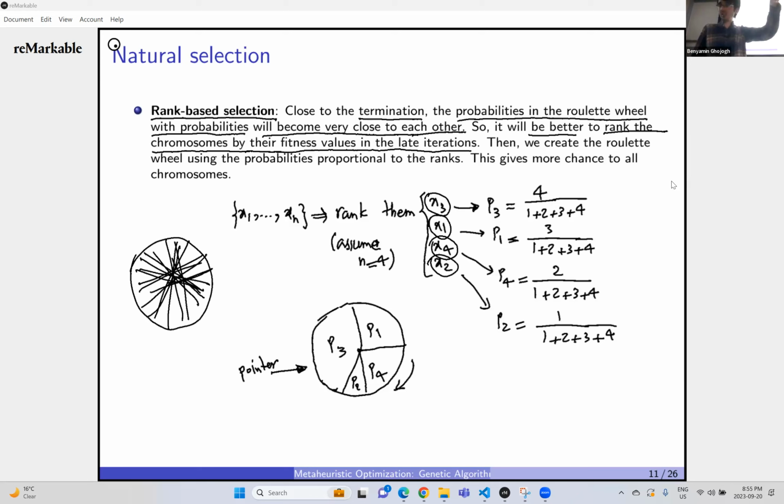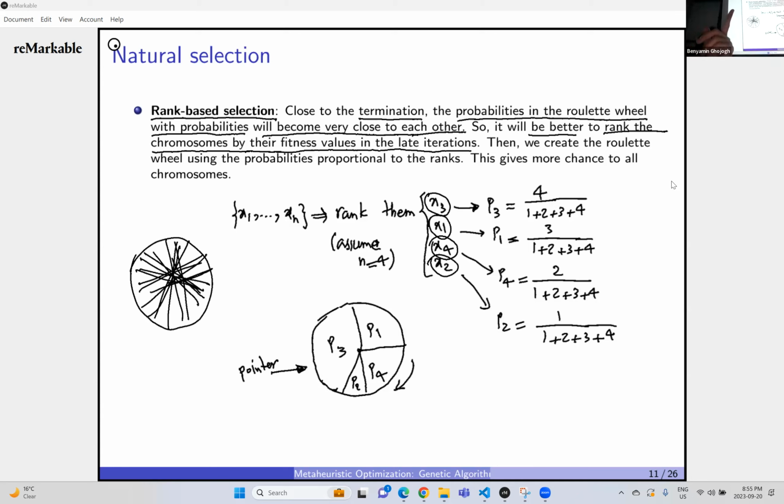Then I rank them. Note that assume I have n chromosomes in this generation, but I only take k parents, where k is much less than n. I don't take all of them as the parents. Otherwise, I don't have any natural selection.